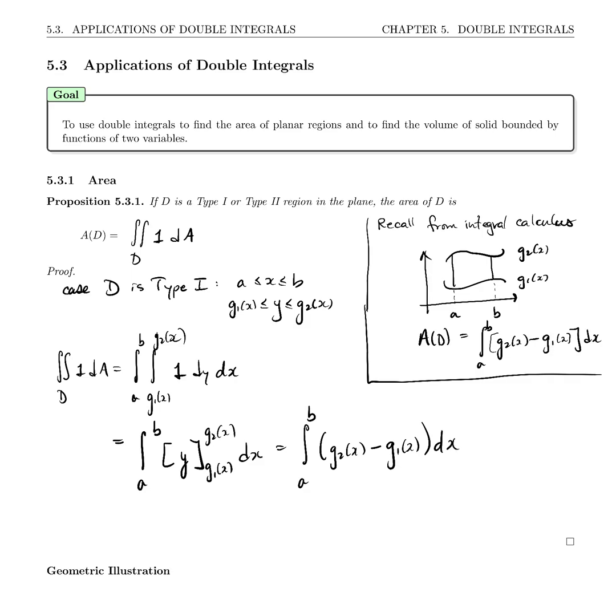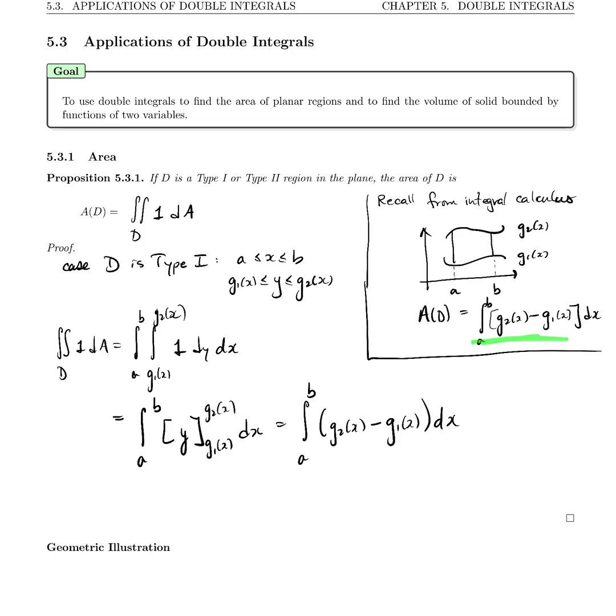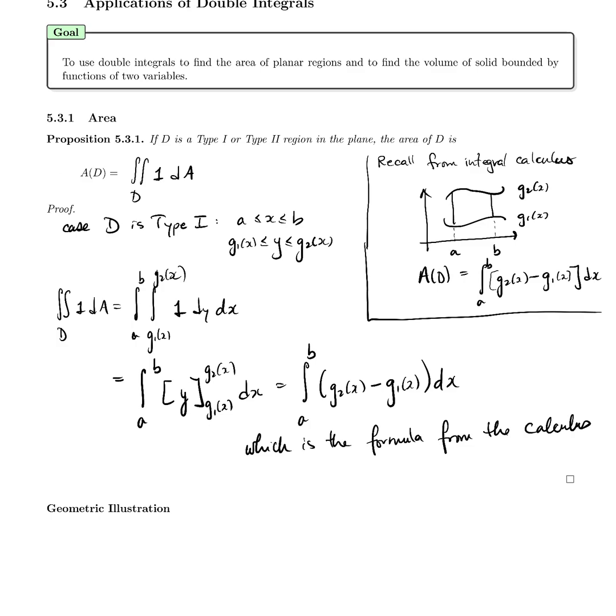That's exactly the formula from your integral calculus course, the formula from the calculus of a function of a single variable for the area of D. That's the formula that you used in integral calculus.